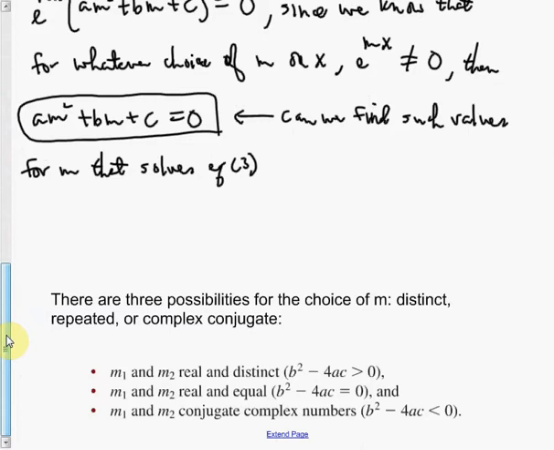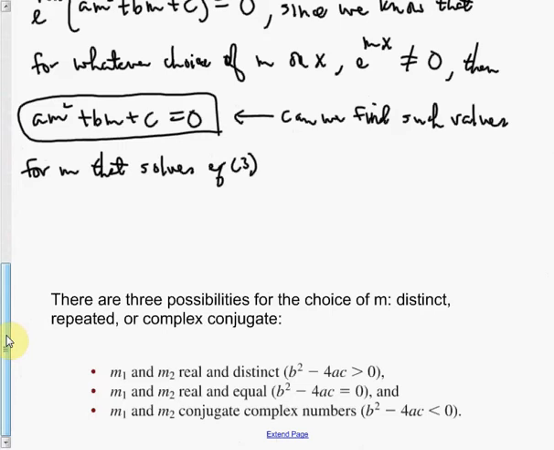If m1 and m2 are the same, that really meant that the discriminant from the quadratic formula, what was under the radical, was equal to 0. That means graphically that the quadratic curve just touches the x-axis, so it either sits on the x-axis like a cup, or the x-axis is the top, the seal.